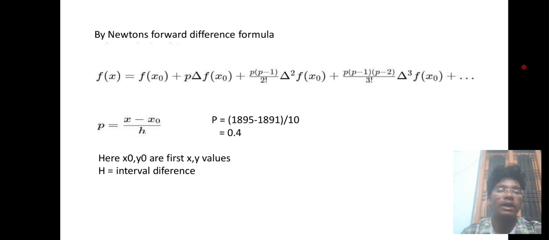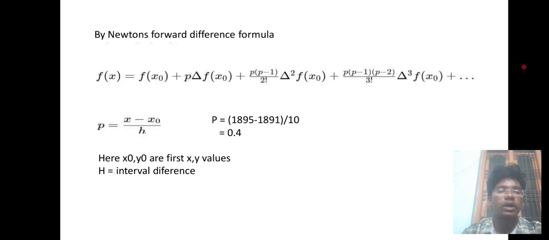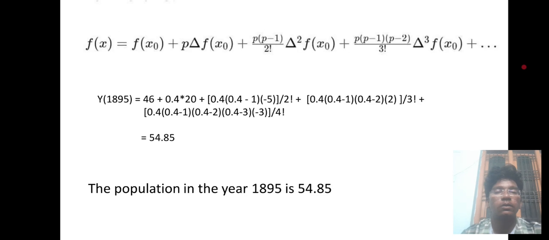Here x is the given value and x naught is the first x value, and h is the interval difference. By calculating this, we get 0.4 as the p value. By substituting the values in the formula, we can determine the population in the year 1895, that is 54.85.